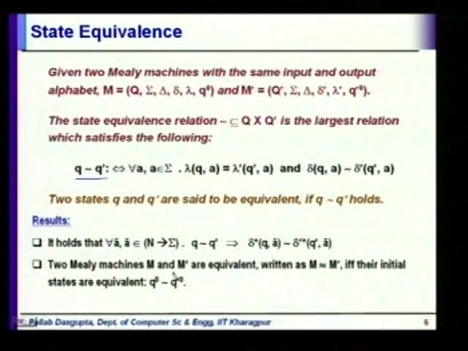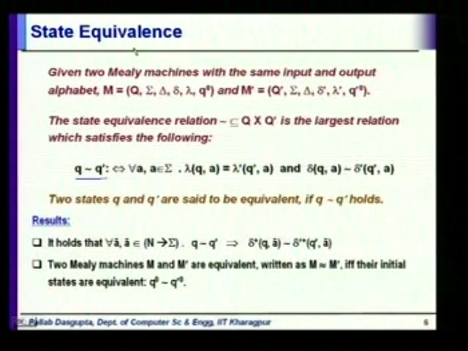Two Mealy machines M and M dash are equivalent, written as M equivalent to M dash, if their initial states are equivalent, right, then everything else is equivalent. Now, see, this state equivalence is a very interesting feature. This not only helps us in comparing two separate Mealy machines M and M dash, but can also be used to compare two states of the same machine M, right, and therefore, the state equivalence definition is also used to minimize the set of states.